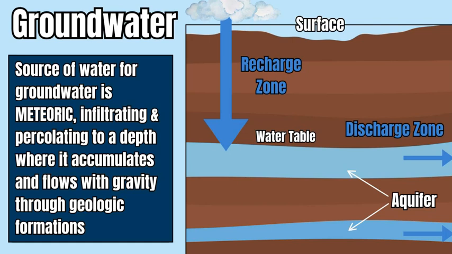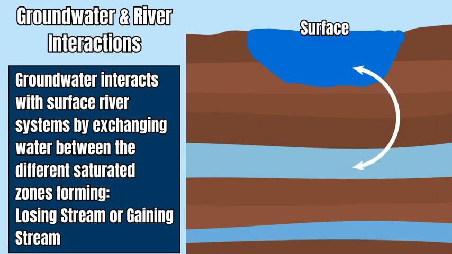There's water in this zone, but it's not completely saturated and it's above the water table. The water table is the highest point of the saturated zone within the ground, and the discharge zone is where the water is going to flow out of groundwater, either into a spring on the surface or out into a body of water like a lake or a large river or an ocean.